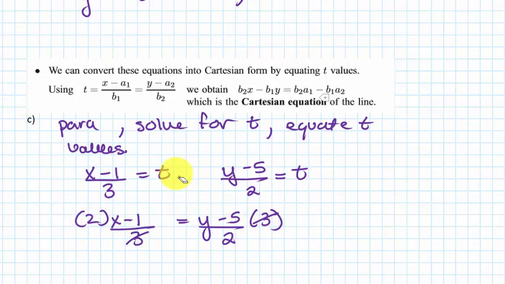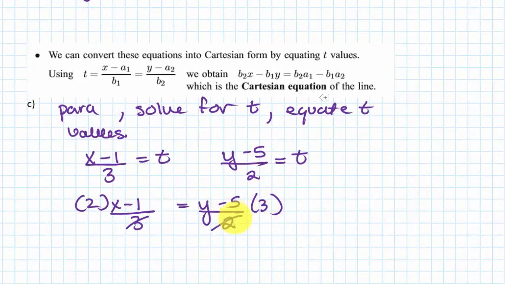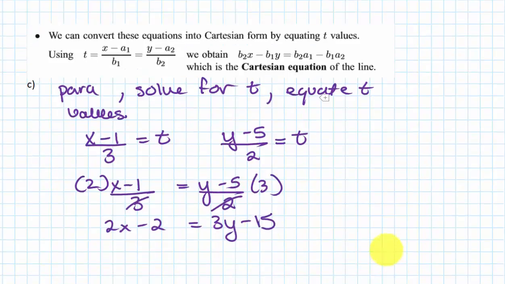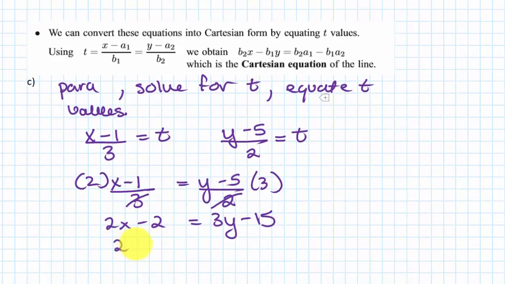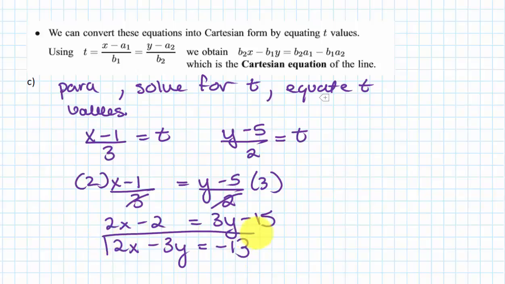So we get 2x minus 2 is equal to 3y minus 15. Rearrange that. I'll just put it in standard form. There is my equation of a line.